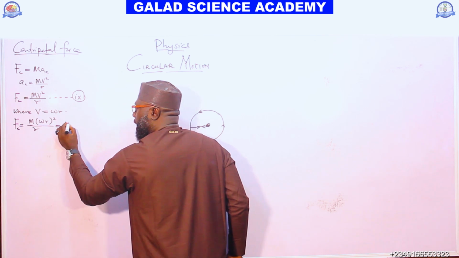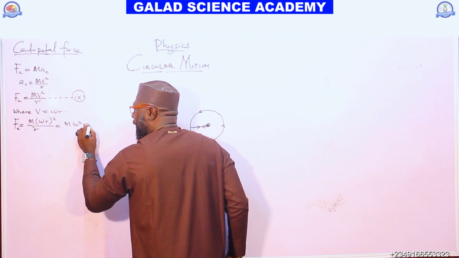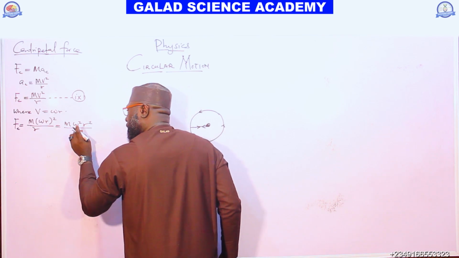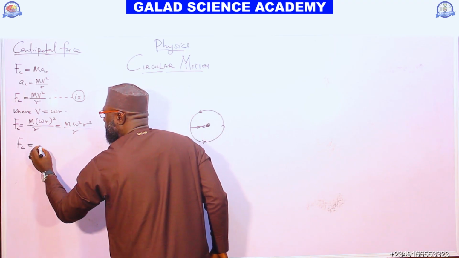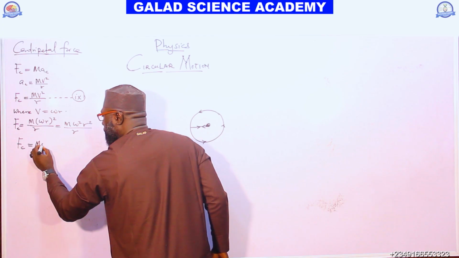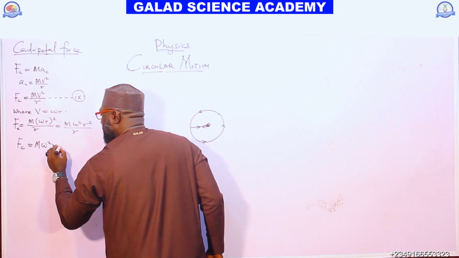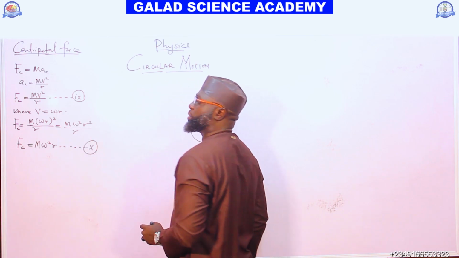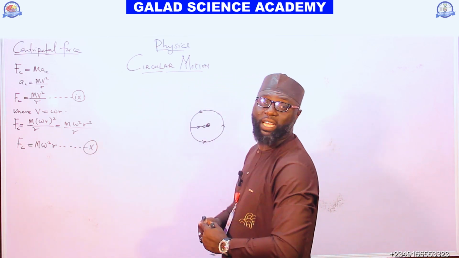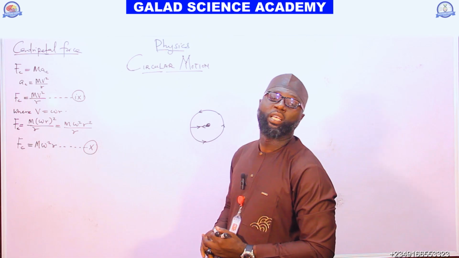You will now have m omega square r square over r. This r will cancel this one out here. We have centripetal force equal to m omega square r. This is another formula for centripetal force.